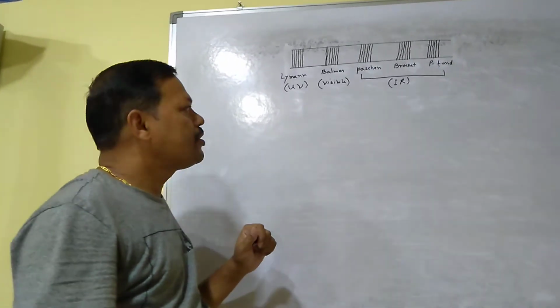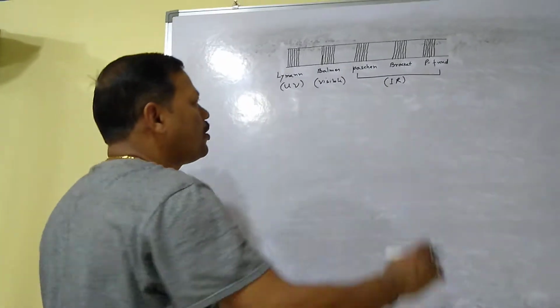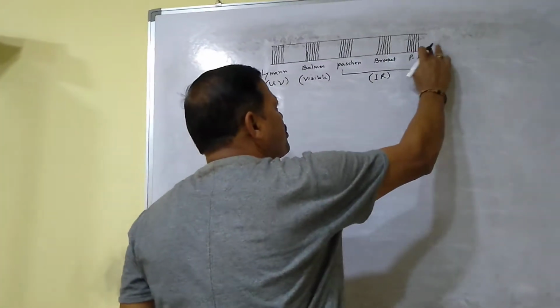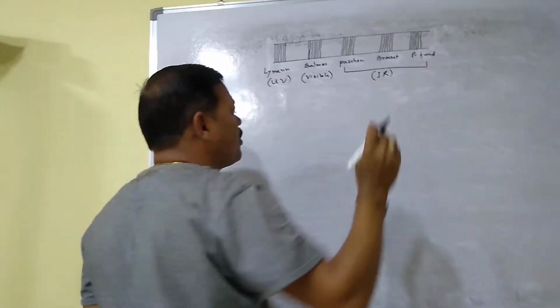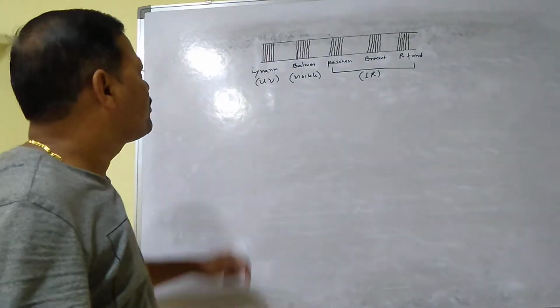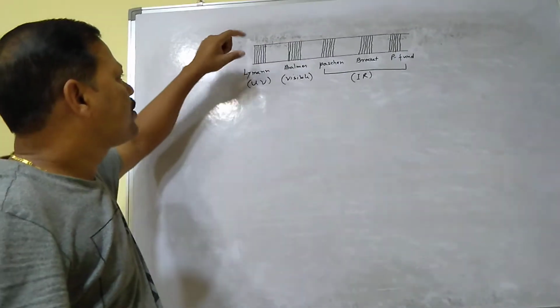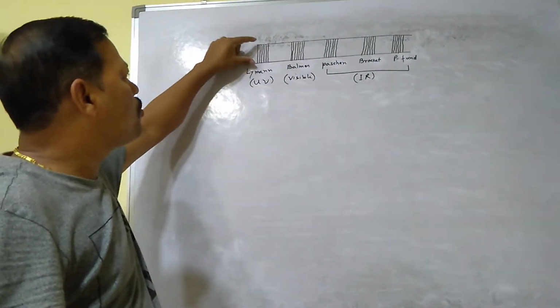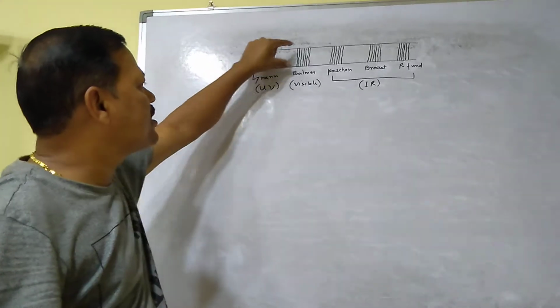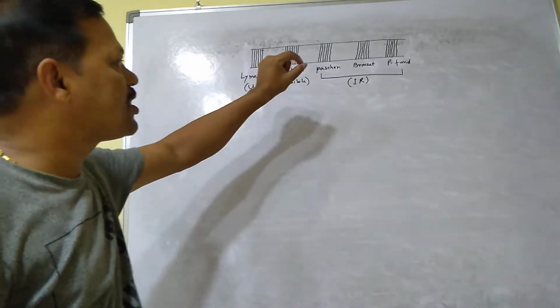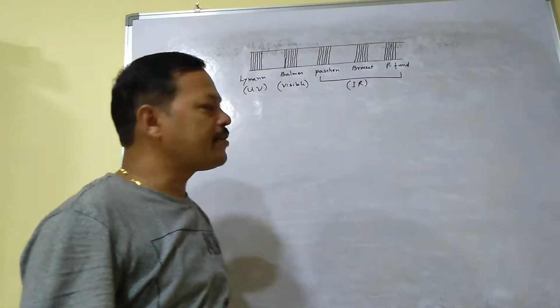In the last class we covered the line spectrum of hydrogen. When the hydrogen spectrum was observed, it was found to contain some groups of lines, and these groups are called series: the Lyman series, Balmer series, Paschen series, Brackett series, and Pfund series.